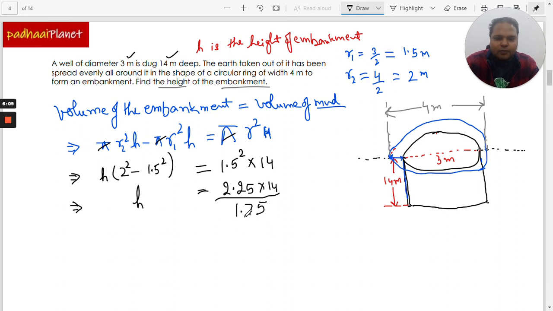Now let's simplify it, and when we simplify, this is like 7 and this is like 9, and 7 makes it twice, so this is 18. So 18 meter is going to be the height of the embankment, right?